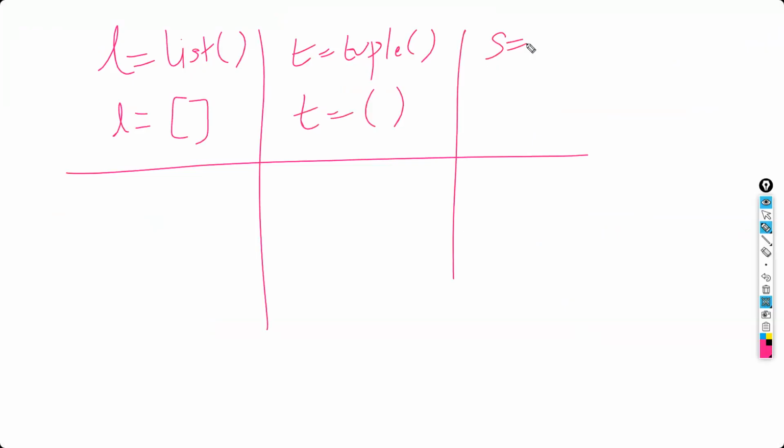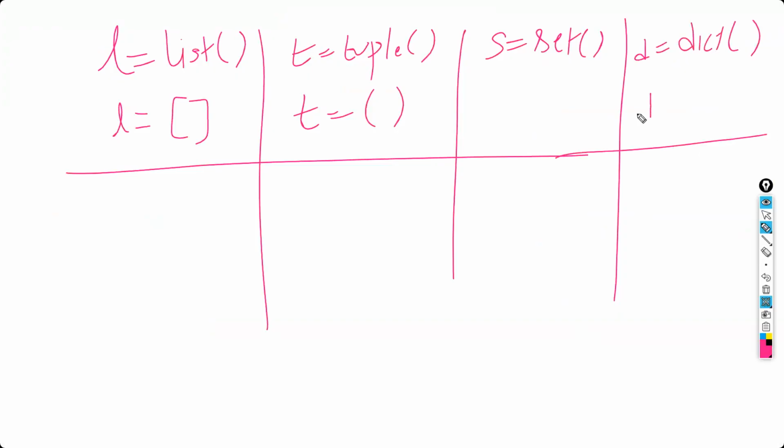For set, you have only one option. For dictionary, again you have two options. One is dict of, or second is empty curly brackets. Empty list, empty tuple, empty set, and empty dictionary.